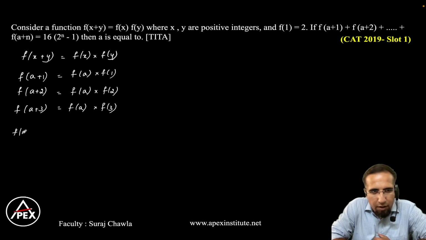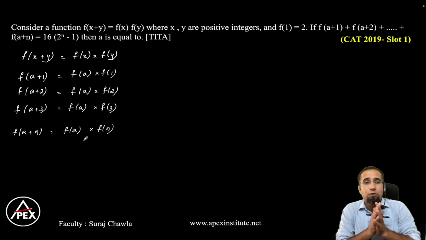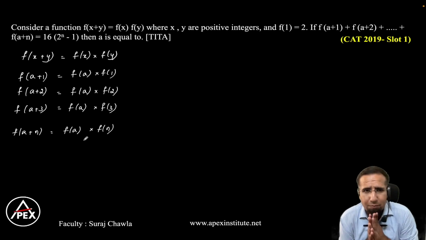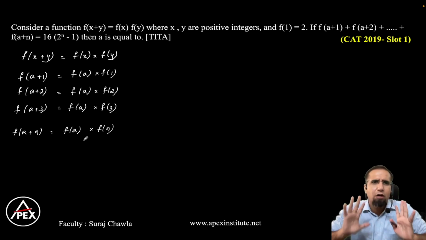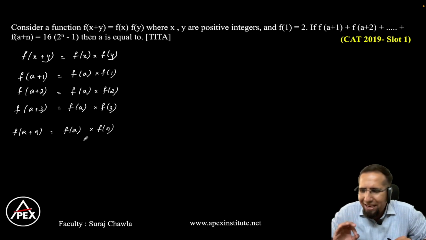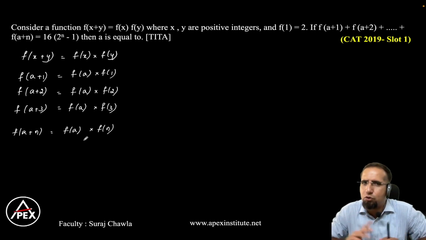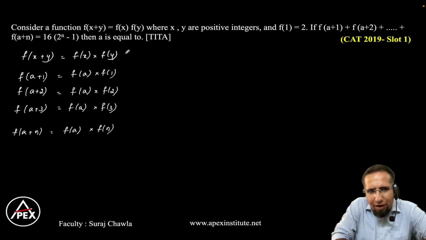We have f of a plus n is equal to f of a into f of n. So what am I looking at here? That means we have f of a common across. Now we need the values of f of 1, f of 2, f of 3 and so on.